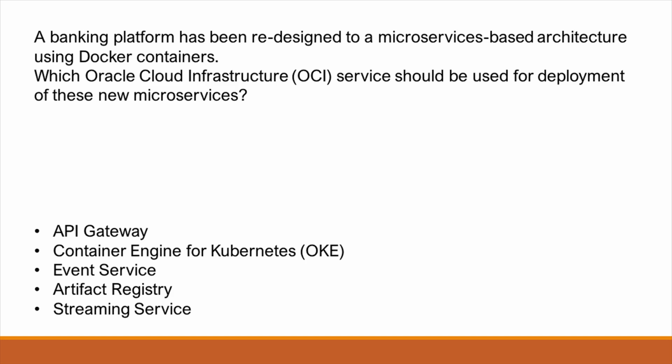Correct answer for this question is option 2, Container Engine for Kubernetes, known as OKE, because in the question they are talking about a microservices-based architecture using containers, meaning a containerized application. So we will use Container Engine for Kubernetes for this deployment.